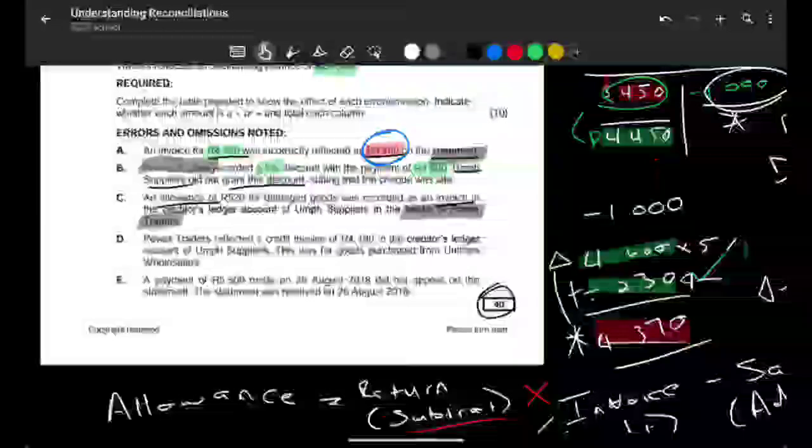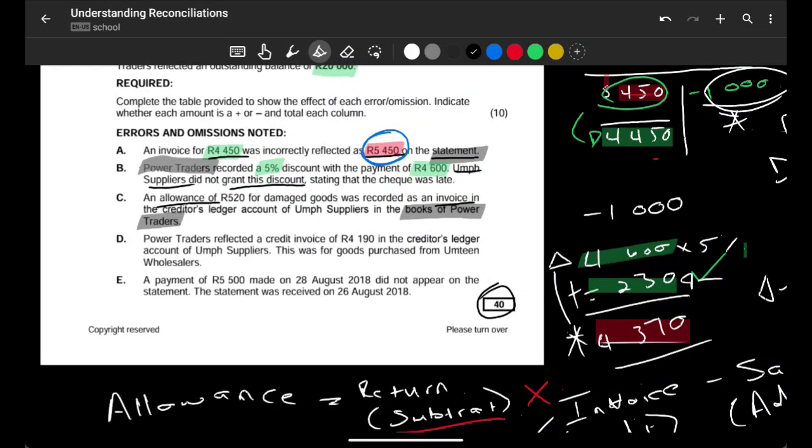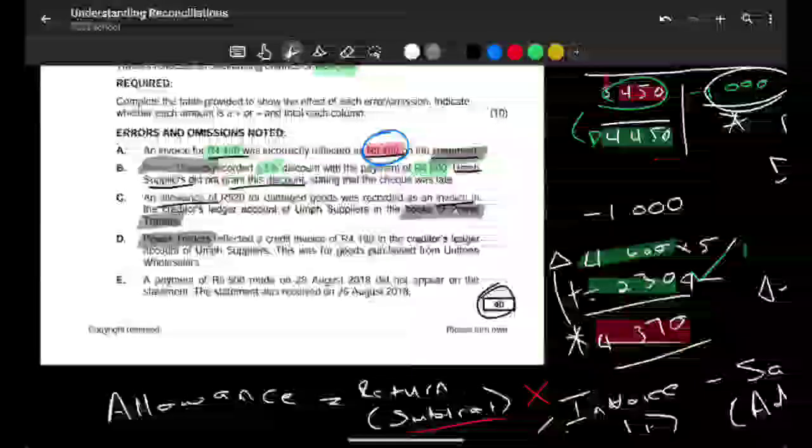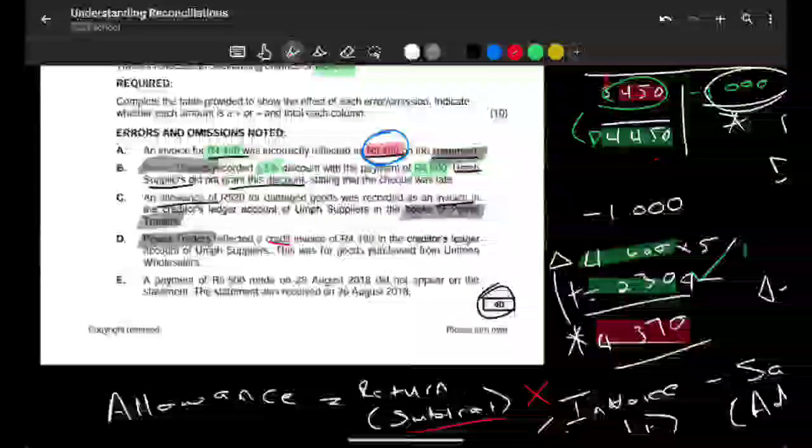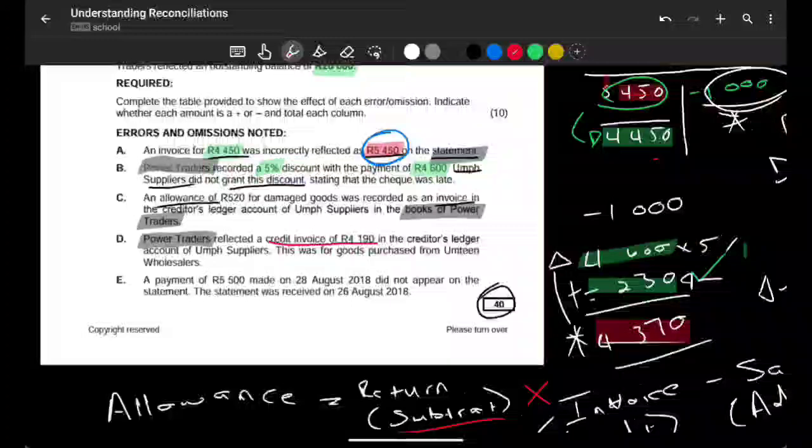All right. So who made the mistake? We did, right? Power Traders made the mistake. What is the mistake? The mistake is that we were supposed to credit the invoice of 4,190 to Umteen Wholesalers, right?